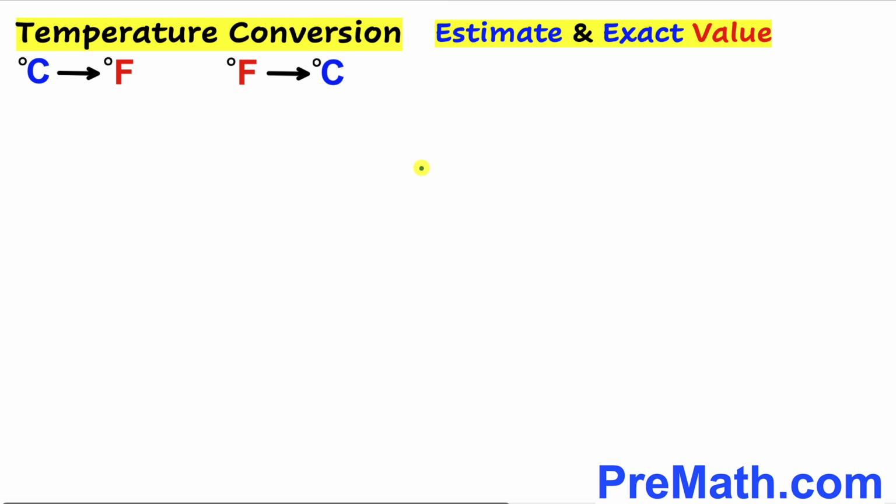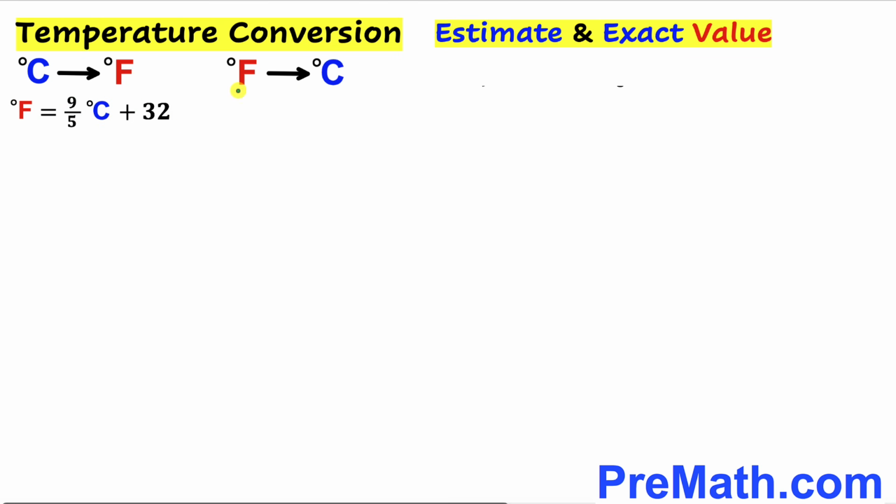Let's go ahead and get started, and let's focus on the conversion from degree Celsius to Fahrenheit. And here's our formula. If we know the value of C, then we can calculate degrees Fahrenheit as 9 divided by 5 times C plus 32.